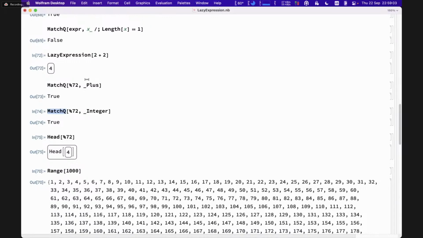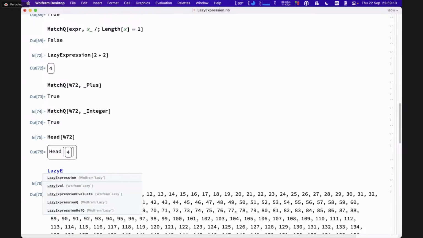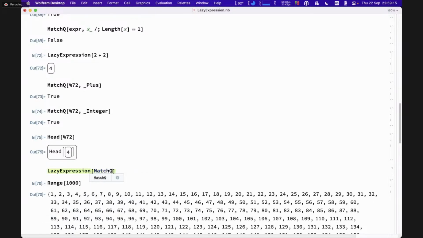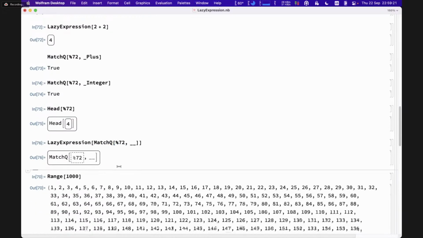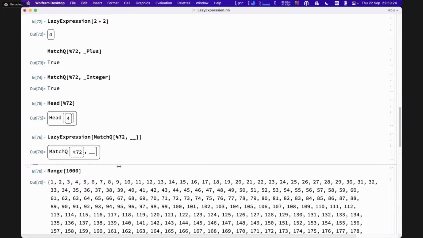Well, you can try it. If you want to have the benefit of this automatic up value, then you can. But you can obviously make a lazy expression and just put match q inside. Okay, all right. I'm just not convinced by this, but keep going.